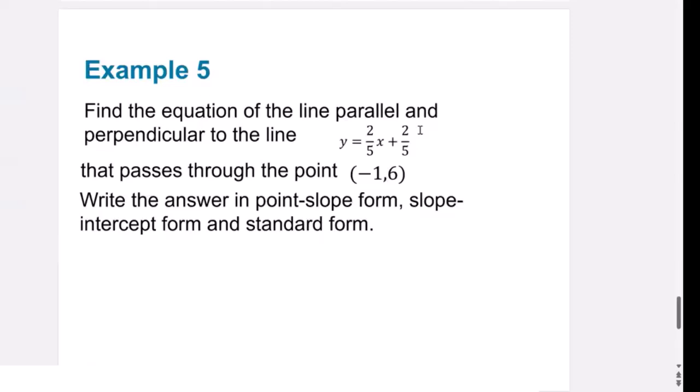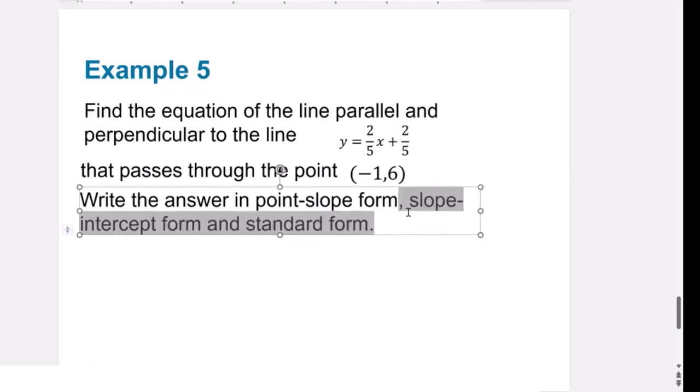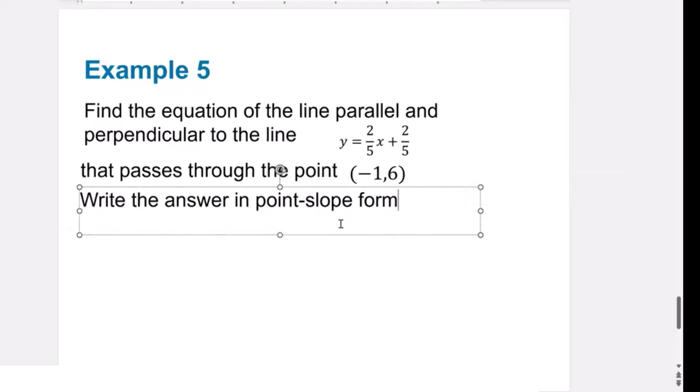And let's do another example. So find the equation of the line parallel and perpendicular to this line and passing through this point. Actually, I don't know. Let's just do it in point slope. I don't think we need to do it in all the different forms. I think that one time was good enough.